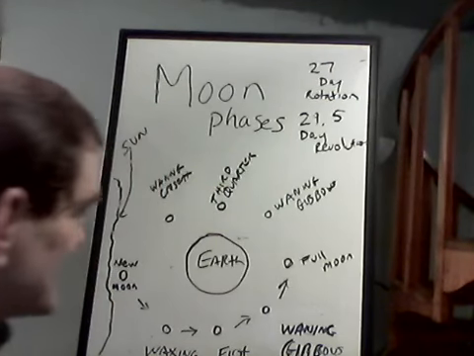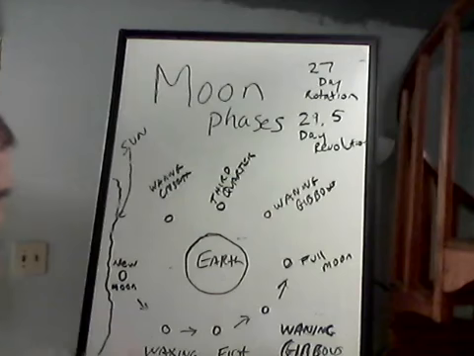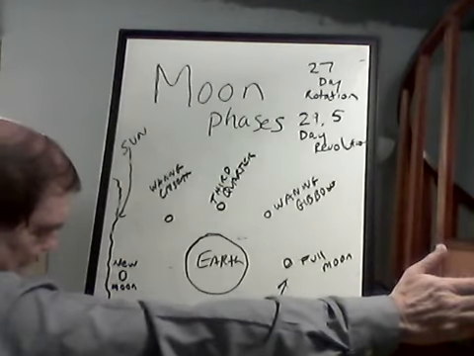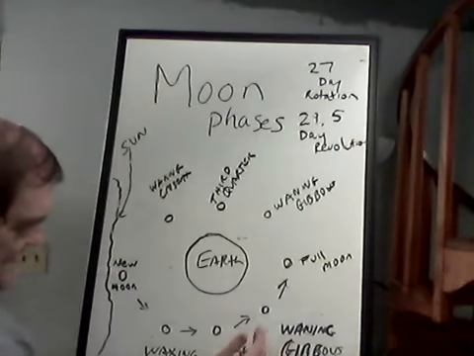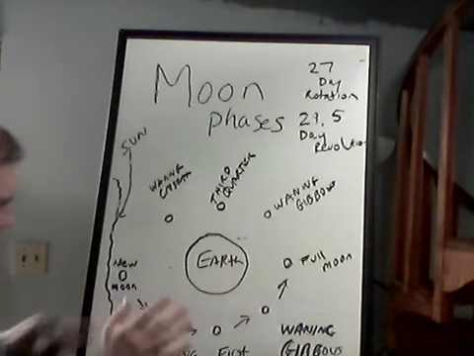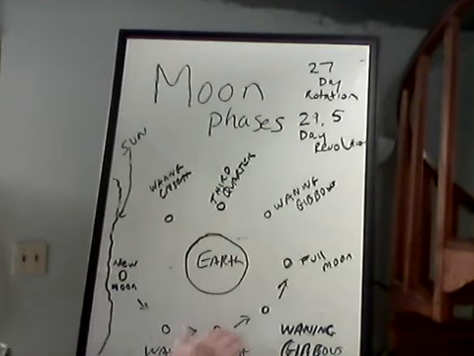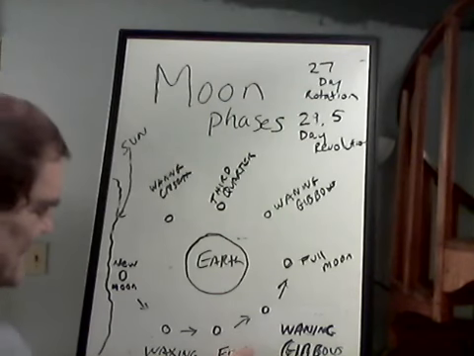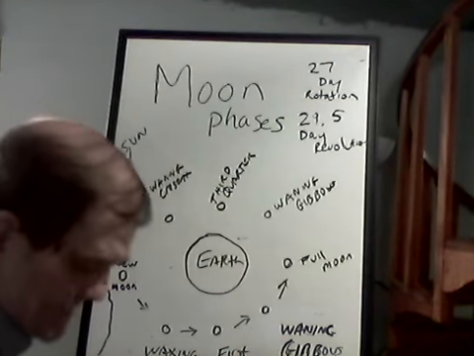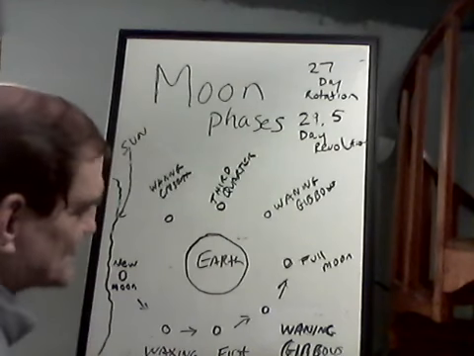Now, you take it a few more days, and again, remember, the sun is aiming its light like this. And as this moves this way, more light is shining on the surface from the sun. And as this light is shining, there is a greater amount showing.